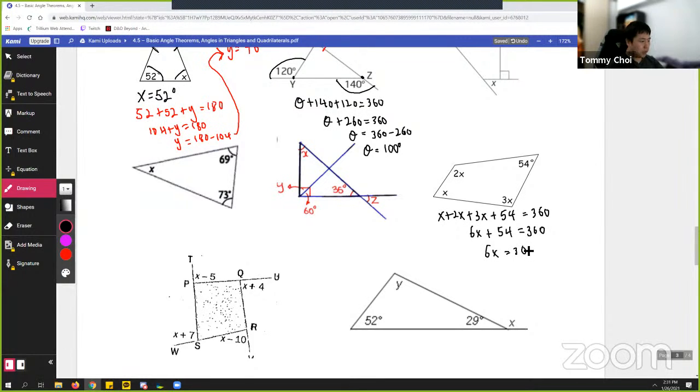We can finish solving this. 6x is equal to 360 minus 54, so 6x is equal to 306.